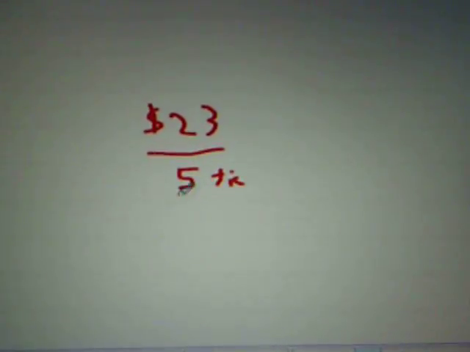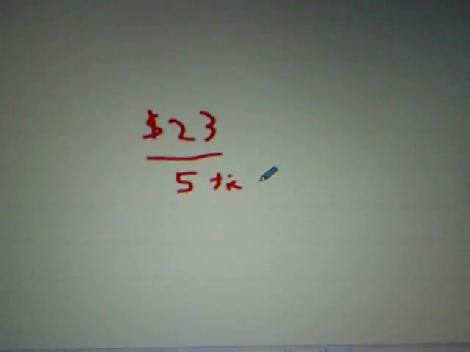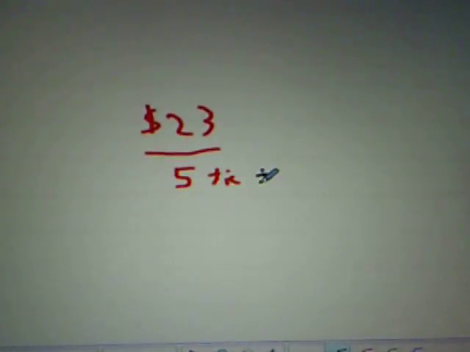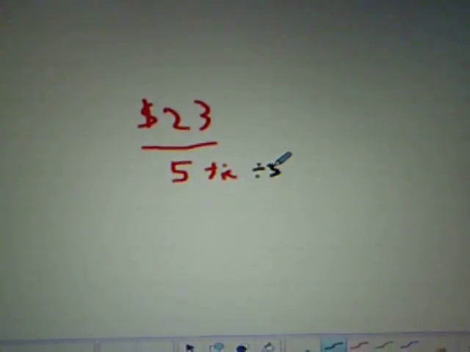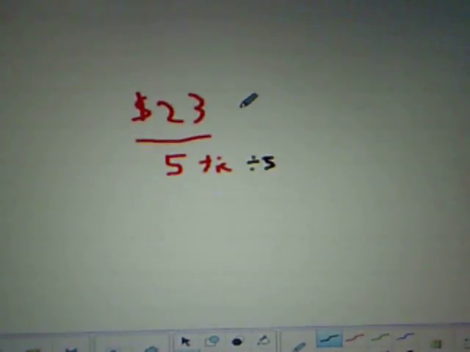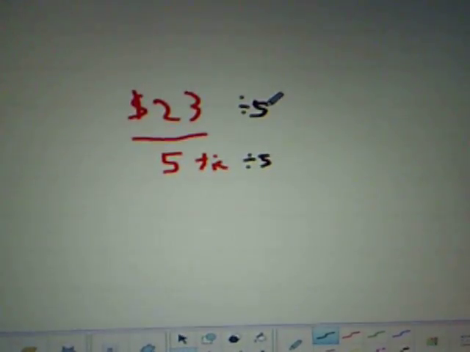So we take our number for the tickets, which is 5. And that is going to be the number we use to divide the entire ratio by. So divide both top and bottom of the ratio by 5, and it'll make our unit rate.